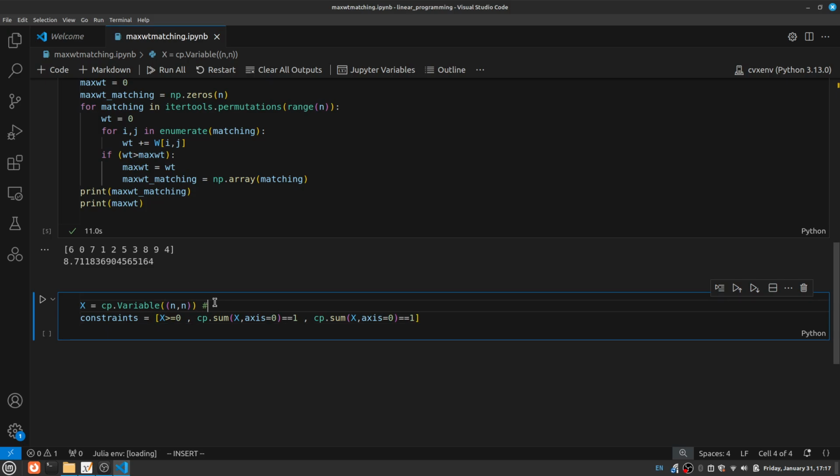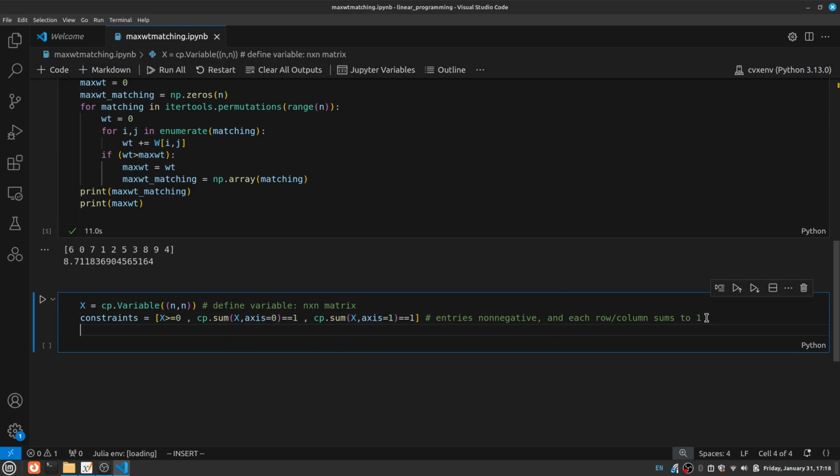So here I've just defined a variable which is an n by n matrix. My constraints are just: entries should be non-negative, each row and each column sums to 1. Okay, so these are my constraints.